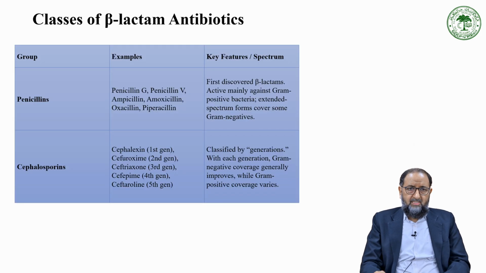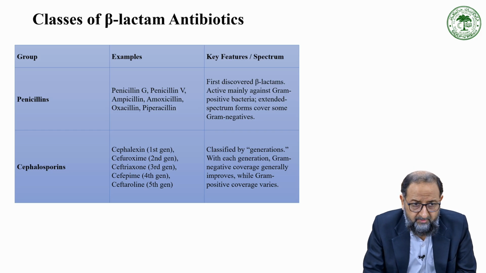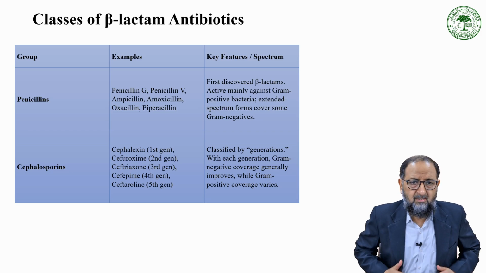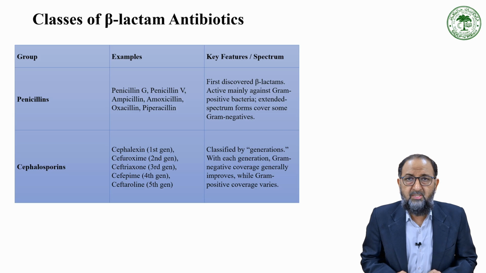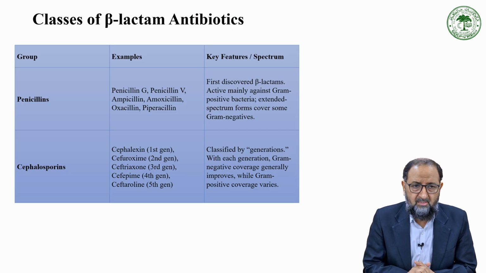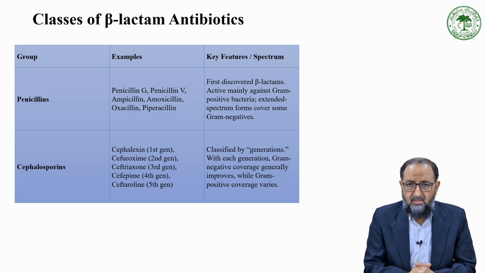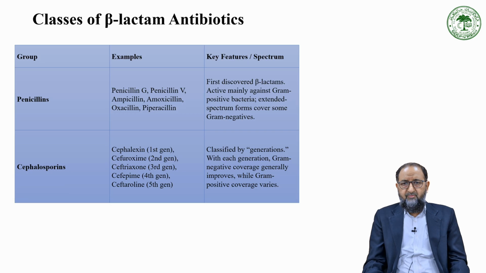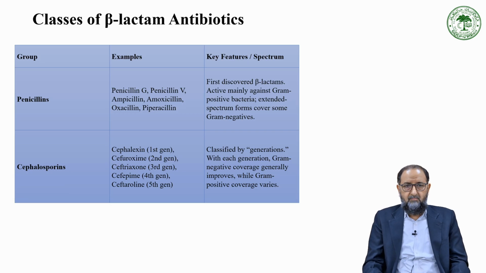Now, the classes of the beta-lactam antibiotics: we have different classes like penicillins, examples are penicillin G, penicillin V, ampicillin, amoxicillin, oxacillin, and piperacillin. Like many more examples are also there. Now, what are the key features and the spectrum of this antibiotic? The first discovered beta-lactam antibiotic was penicillin from Penicillium notatum.